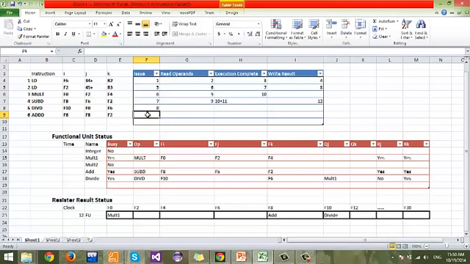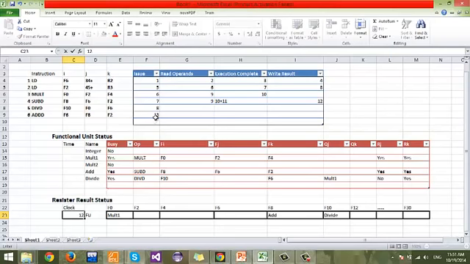No, because at the beginning of clock cycle 12, subd has only started its writing function. Writing function is not yet completed. So at clock cycle 13, what happens? Add can be issued.